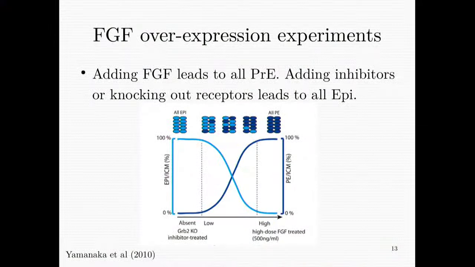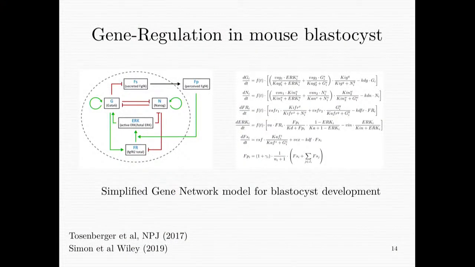Now you can look at what's happening inside the cell. There are some genes involved that people think mark the expression of either the epiblast or the primitive endoderm, and this is a very simplified circuit of what's going on. You can make a circuit like this and write down equations for how the FGF protein decides whether the cell becomes one type or the other.